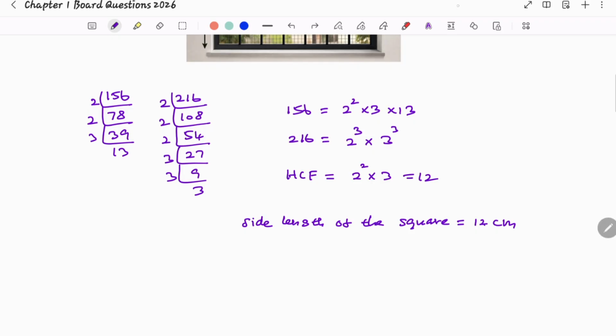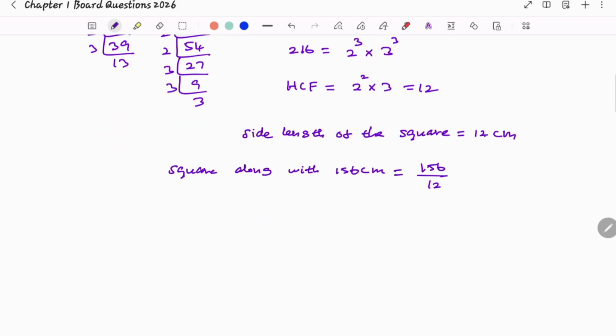So we have to find out the number of squares along the 156 centimeter dimension. To find that, 156 divided by 12. So 156 divided by 12 is exactly 13. Next, find the number of squares along the side 216 centimeters. So 216 divided by 12, which is equal to 18.